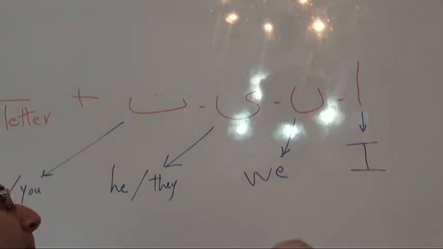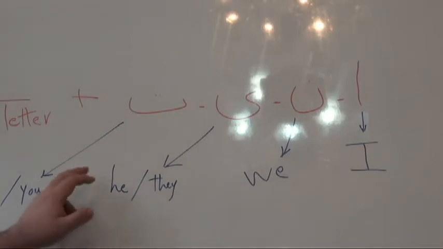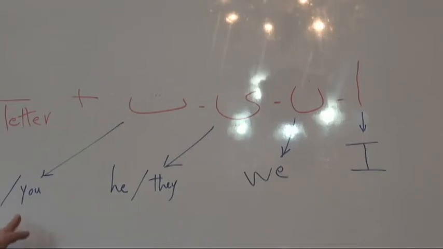I add Noon when I am talking about we. I add Ya when I am talking about he or they. And I add Ta when I am talking about she or you, you singular and you plural. You, just say you. This is the first thing.